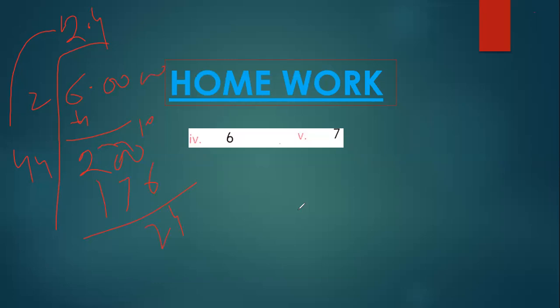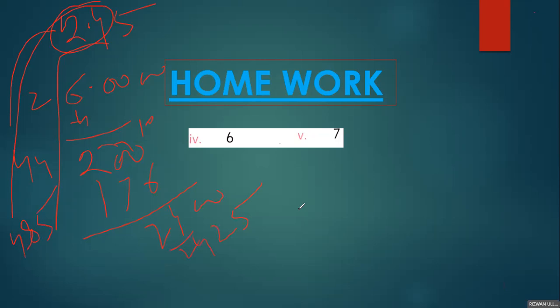Bring 2 zeros again and double it. So this will be 44 now. On which table can we do this one? 6 4s are 24, we can do it by 5. 5 5s are 25, so 5 4s are 20, and this becomes 24.